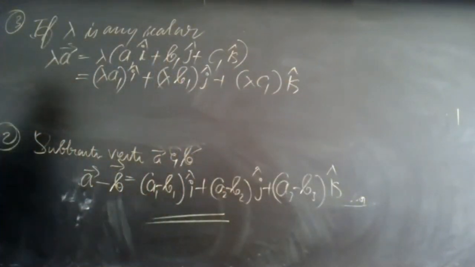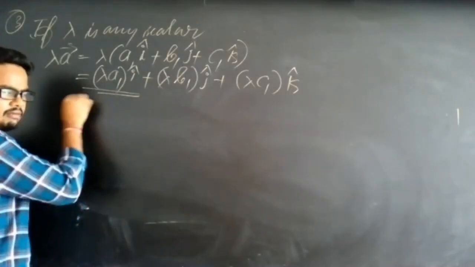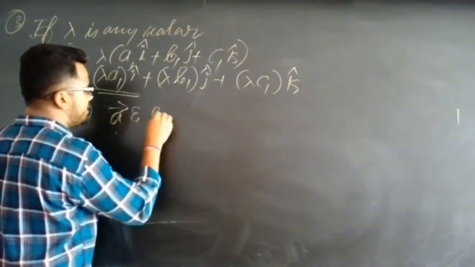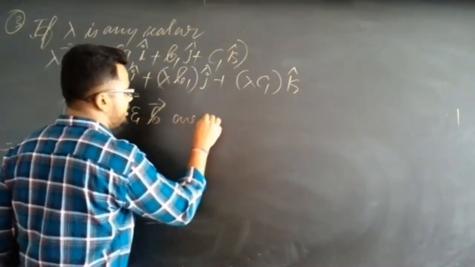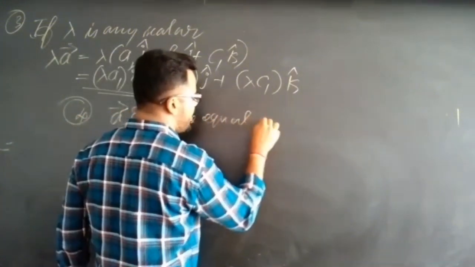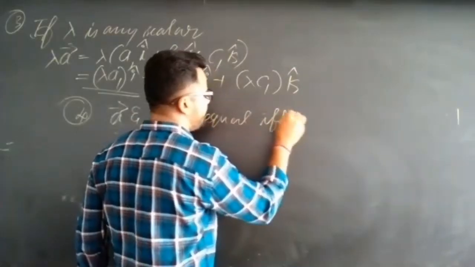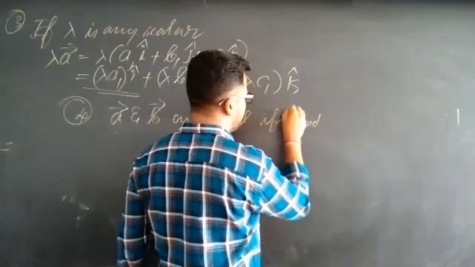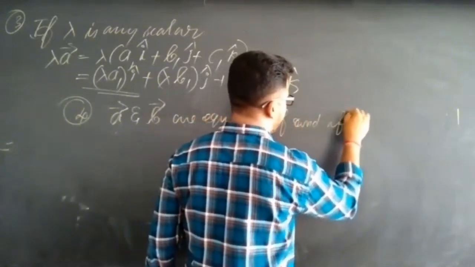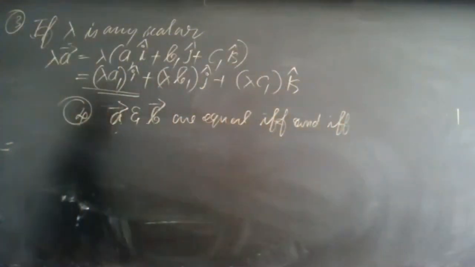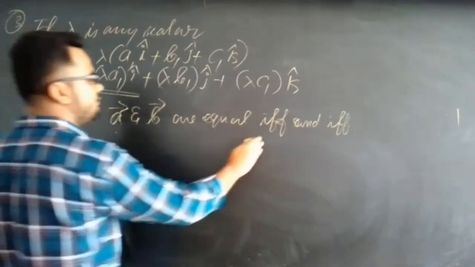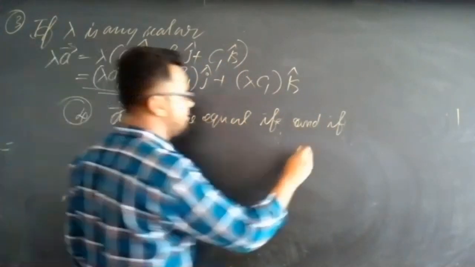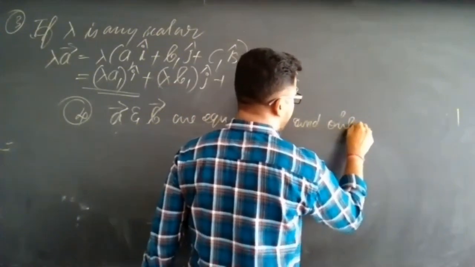Point number 4. Vector A and vector B are equal if and only if, a conditional statement.